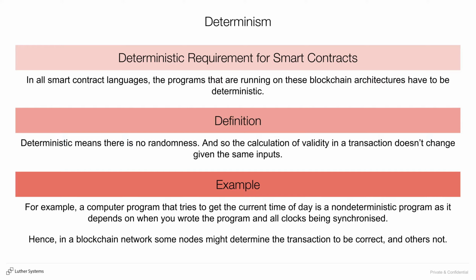There are some ways recently that people have developed ways of running non-deterministic smart contracts, but up until recently, all the smart contract programming languages and programs in these blockchain architectures are deterministic, so they're being executed across multiple nodes.